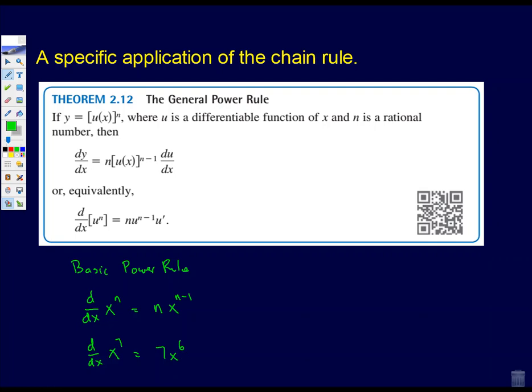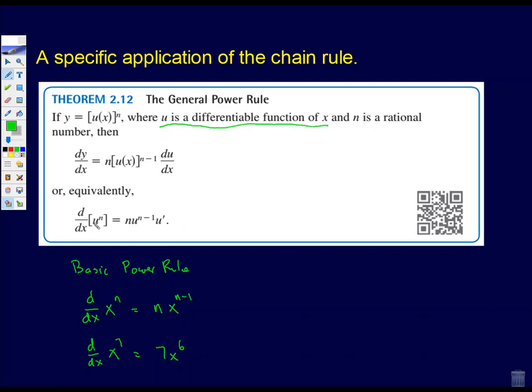Now, today all the examples will be such that it won't be x to the power of 7. It might be some other function to the power of 7. And so to formulate that in light of the chain rule, we like to write the base of the power as u, where it's understood that u is just some other differentiable function.